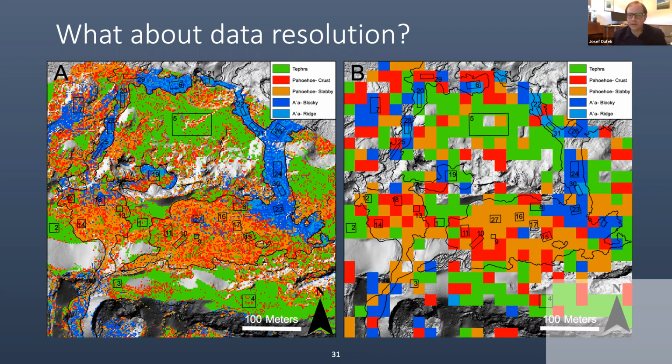Is there much value in doing repeat thermal IR measurements? Can you start to tease out some of the competing effects that lead to the inertia? Yeah, so that would be interesting. One thing that we can't do with this data is look at the relative effects of particle size versus density. I can't say that the downflow trend is entirely due to an increase in density, just the same as I can't say it's entirely due to the block size of the A'a increasing.